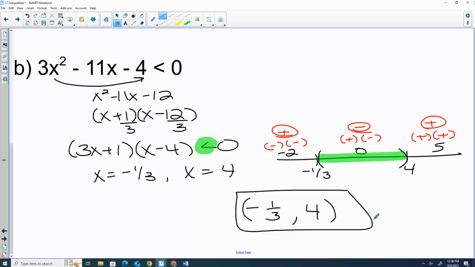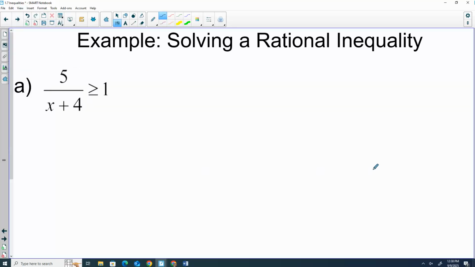I want to look at one last type of problem. So when I have a fraction, a rational inequality, that kind of changes things. Okay, if it were an equation, if I had said equals 1, we could just multiply by x plus 4 and get rid of the fraction. But I actually cannot just multiply both sides by x plus 4 here.